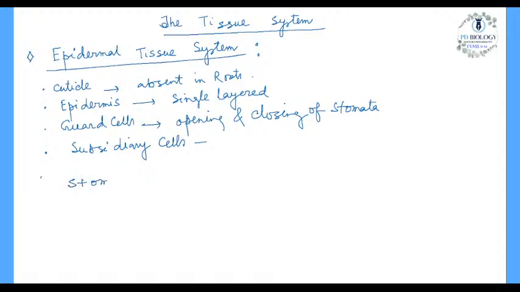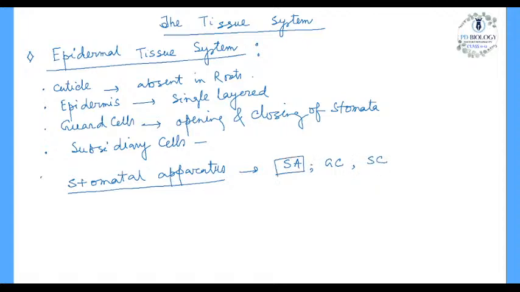Remember this one. So the components in the stomatal apparatus are the stomatal aperture, the guard cells, and the subsidiary cells.